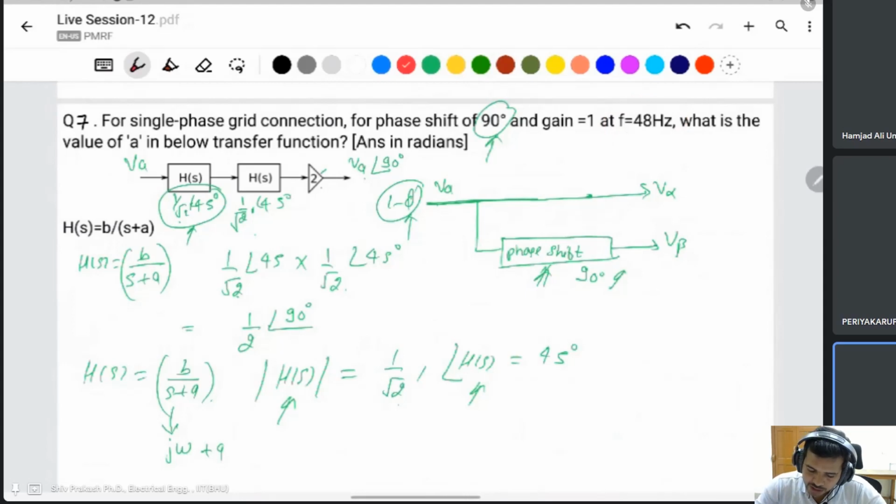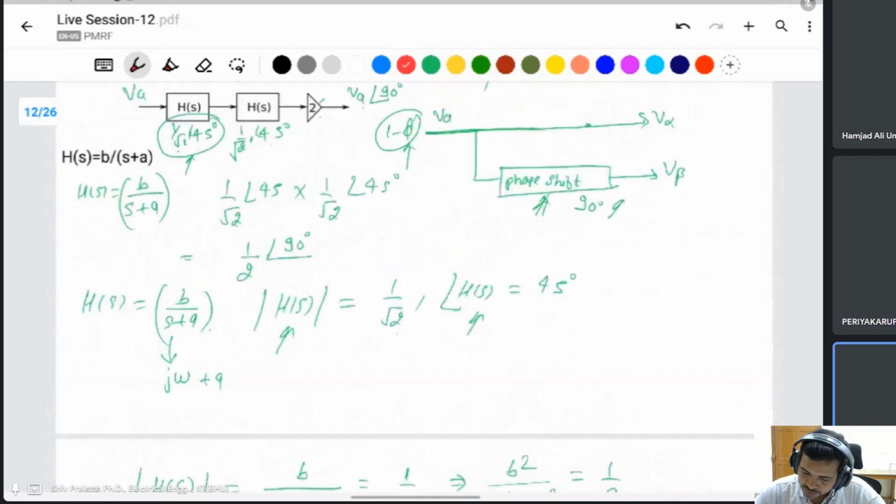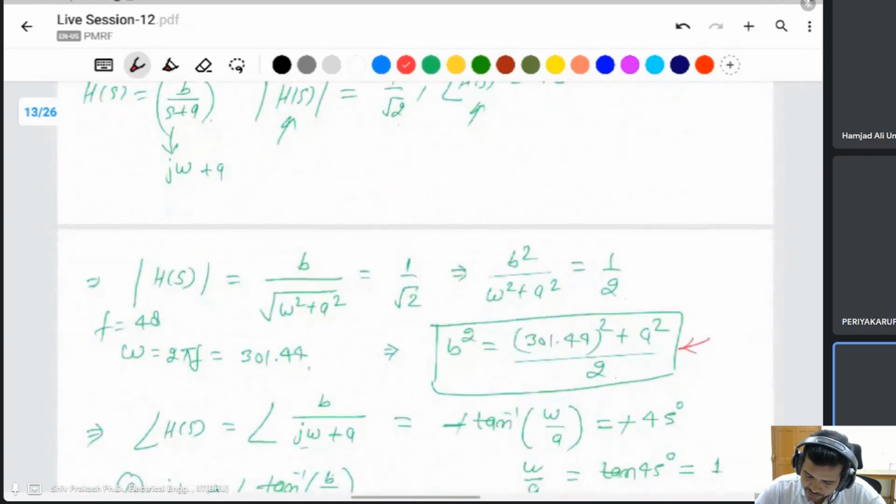You can also say this one is 1 by root 2. You observe here omega, A, B, all values are the same. Only in that condition can you get the value of 1 by root 2.